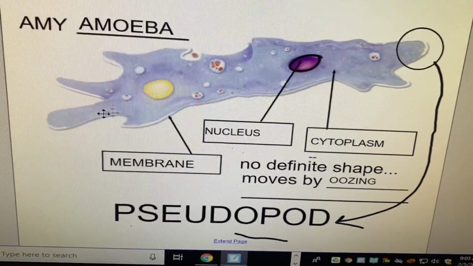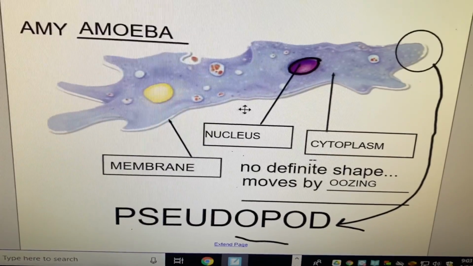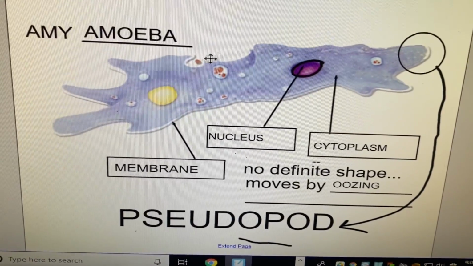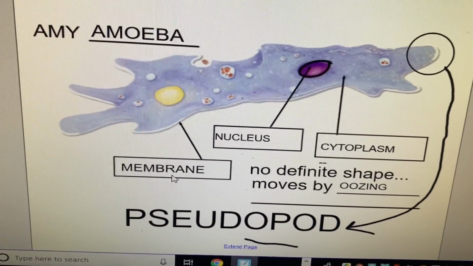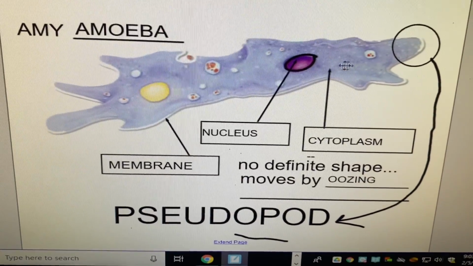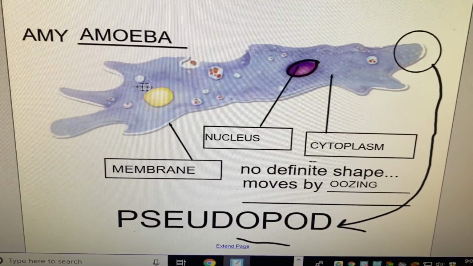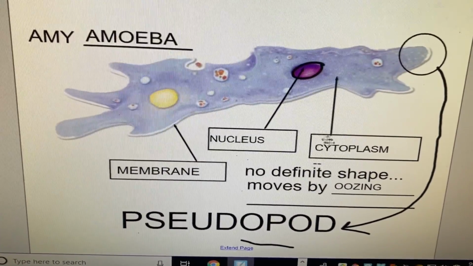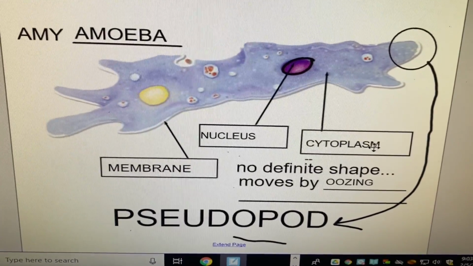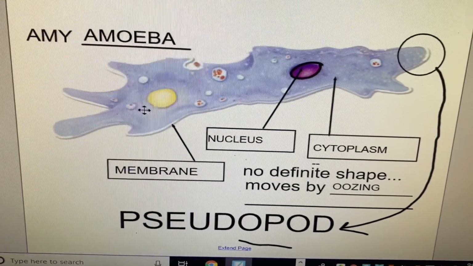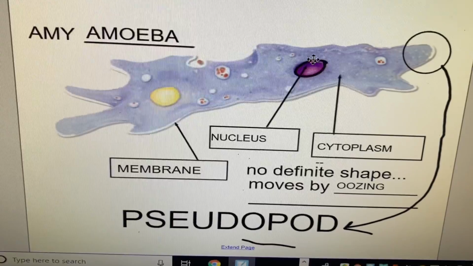Like all unicellular organisms, she has a boundary called a membrane. And then within that membrane is the cellular goo. We call it the cytoplasm. And then some unicellular organisms have a little nugget.